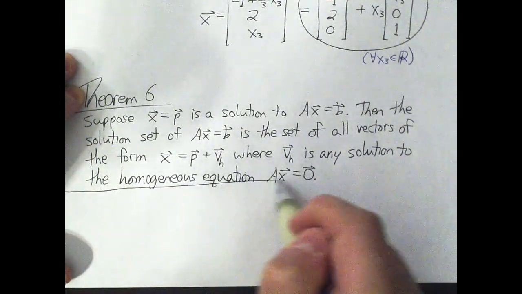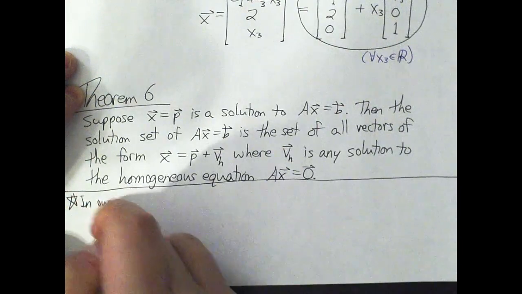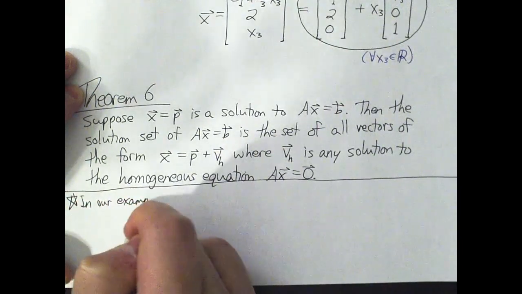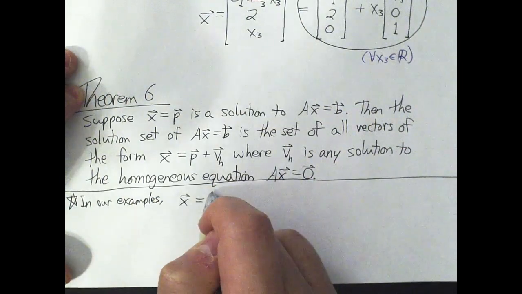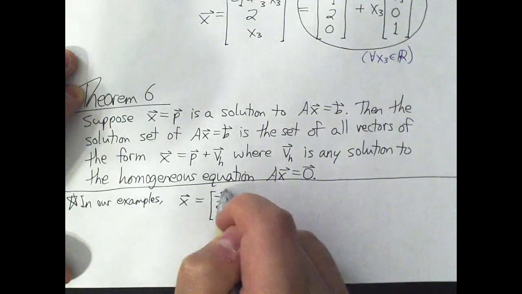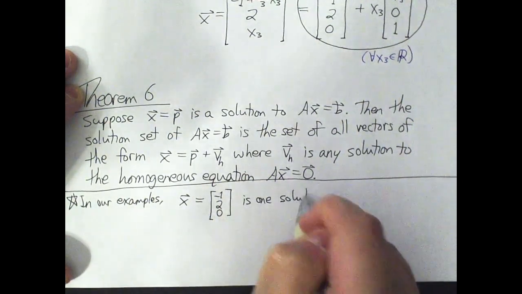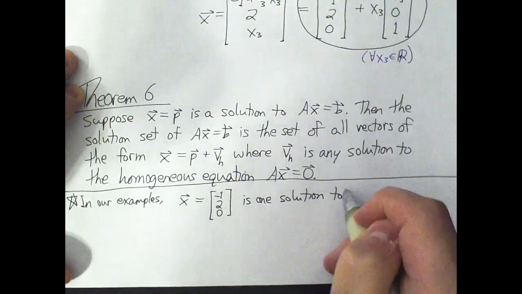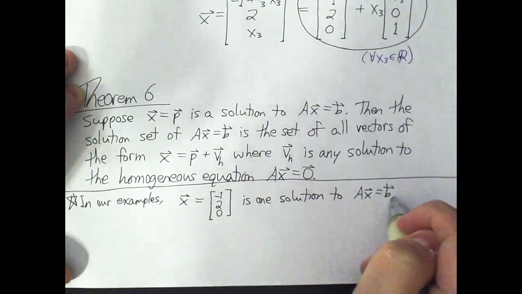I'm going to write underneath this some of what I just said out loud. So in our examples, x equals -1, 0 is one solution to Ax equals b.